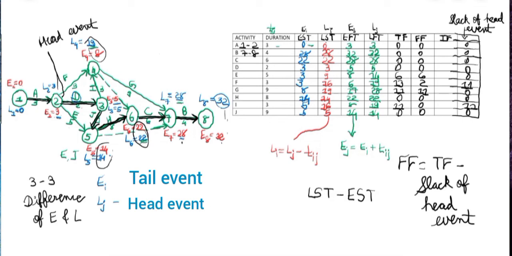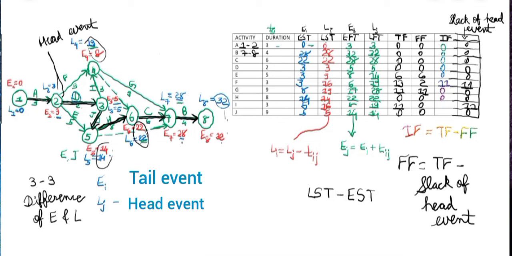Now I'll find the interfering float, which is simple total float minus free float. So just subtract the values of the free float from the total float and you will get the values of the interfering float.